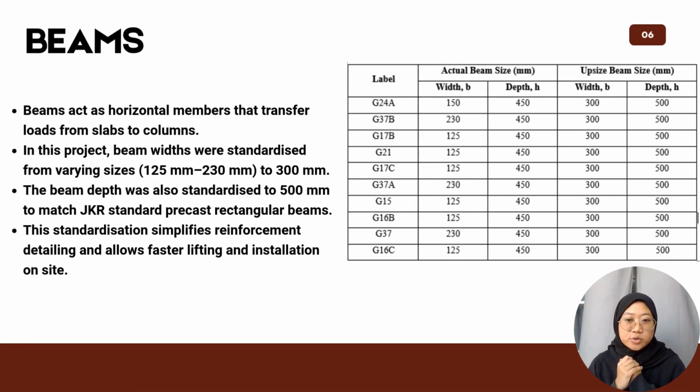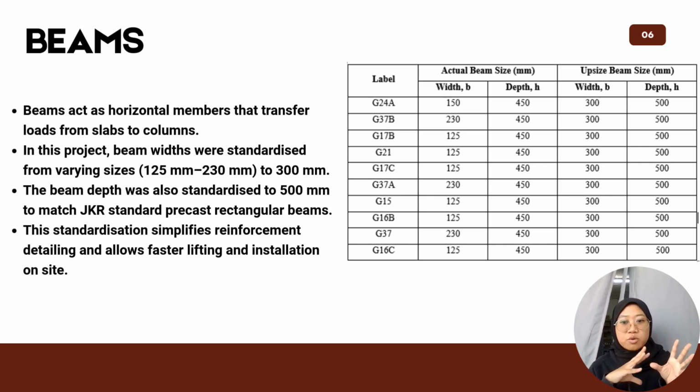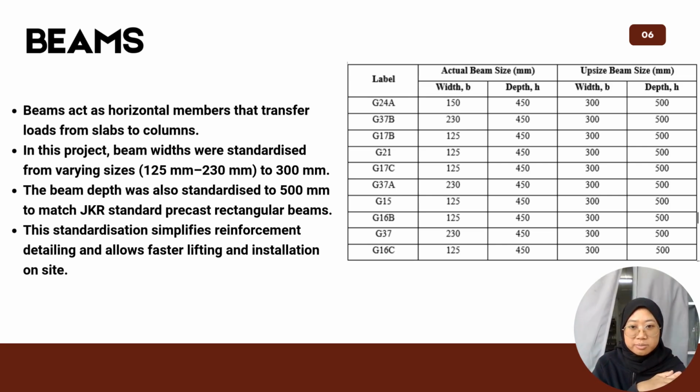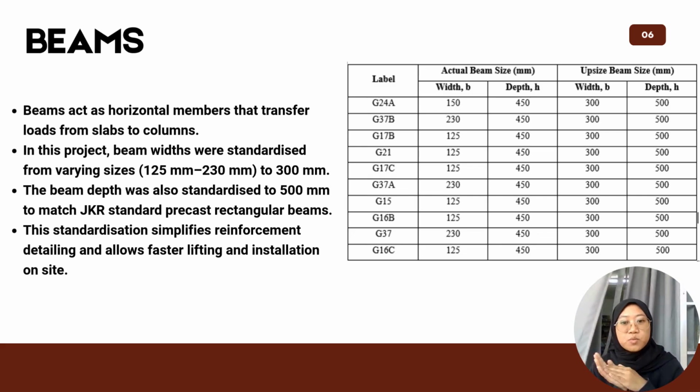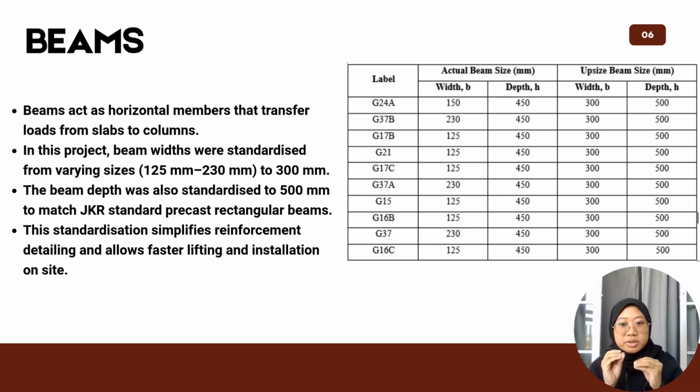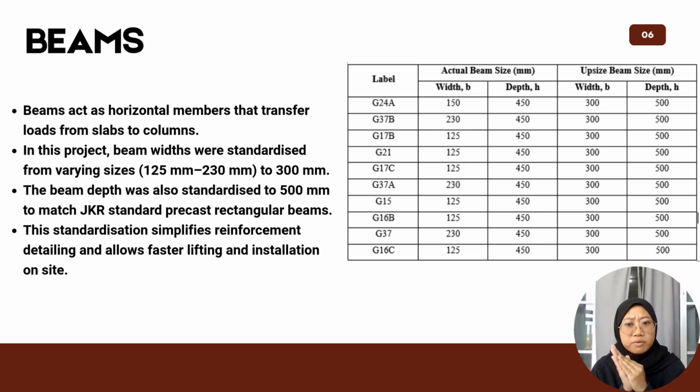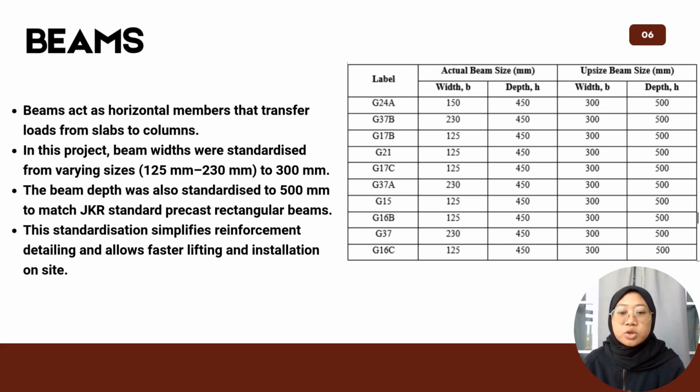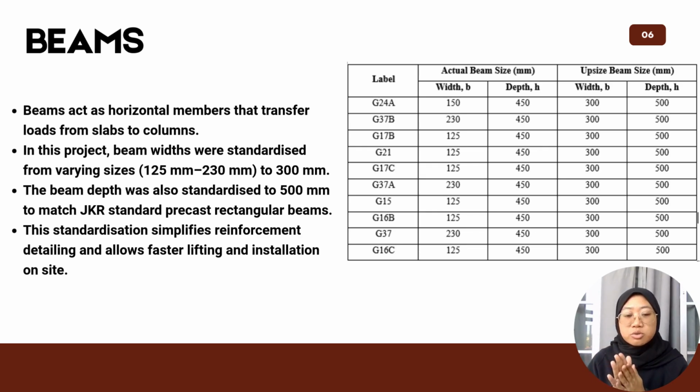My name is Siti Laika and I will proceed with the beam. The beam acts as the horizontal member that transfers the load from the slab to the column. In this project, beam width was standardized from 125 mm to 230 mm to 300 mm, and the depth was also standardized to 500 mm.